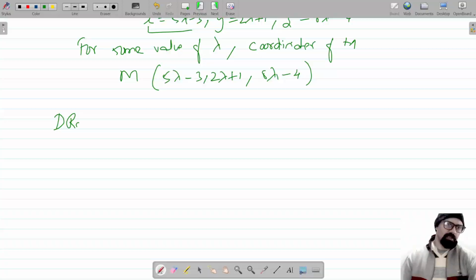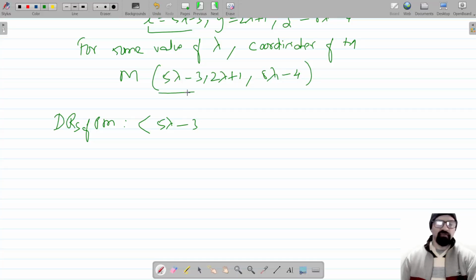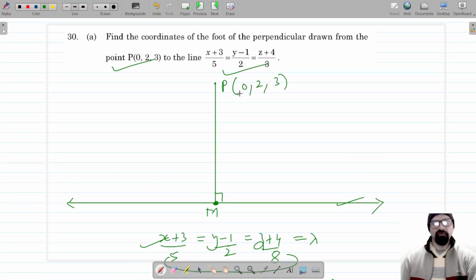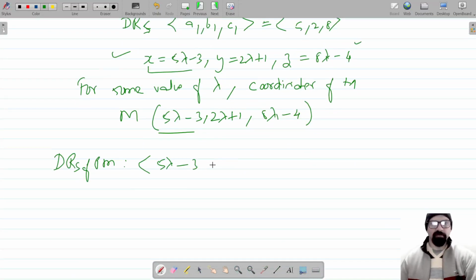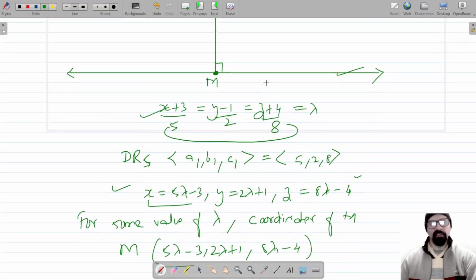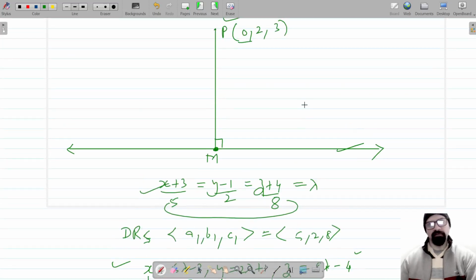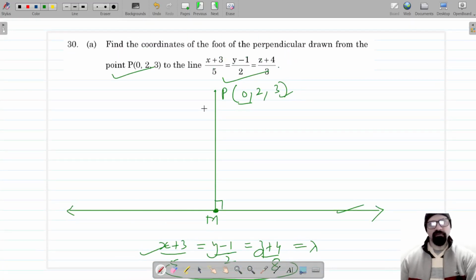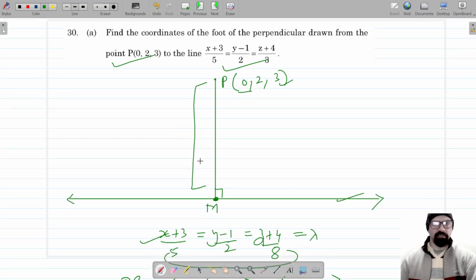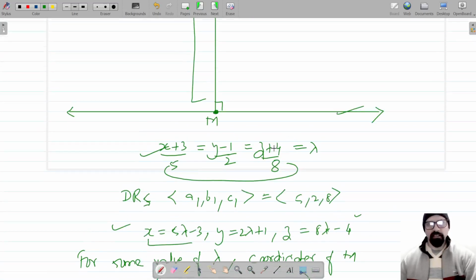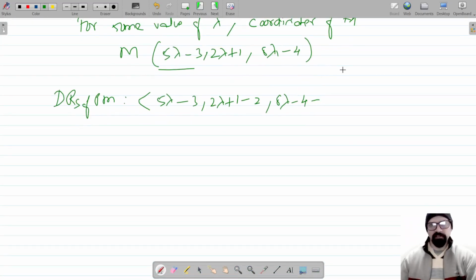Now let's find the direction ratios of PM. This is x2 minus x1, so 5 lambda minus 3 minus 0, 2 lambda plus 1 minus 2, and 8 lambda minus 4 minus 3.